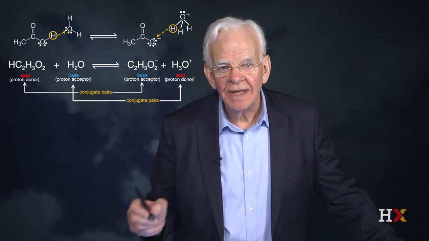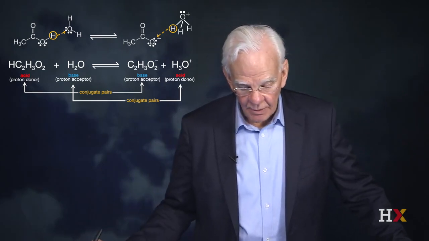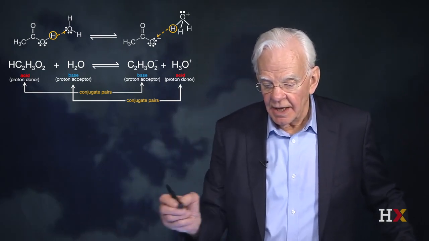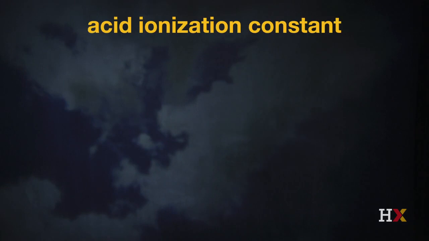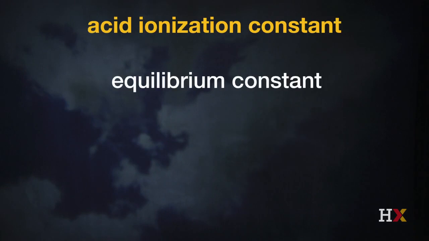But we can now write the equilibrium constant for this reaction, and we refer to that as the acid ionization constant. And when I write this expression for the acid ionization constant, you will immediately recognize its form because, in fact, it's simply an equilibrium constant, and we designate that acid ionization constant as K sub A, but we write it in exactly the same form.